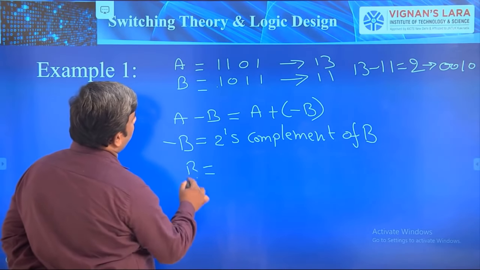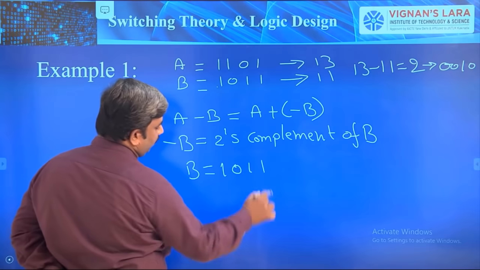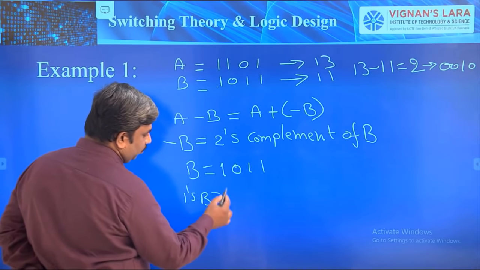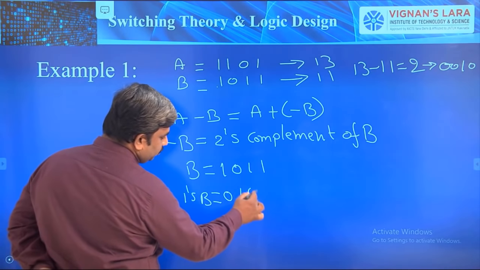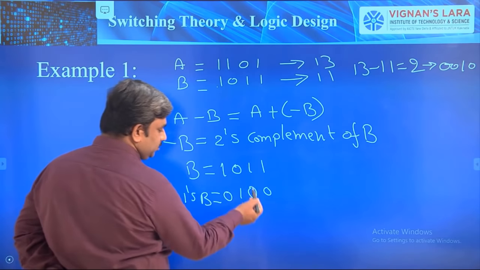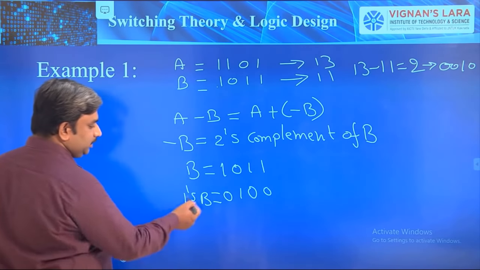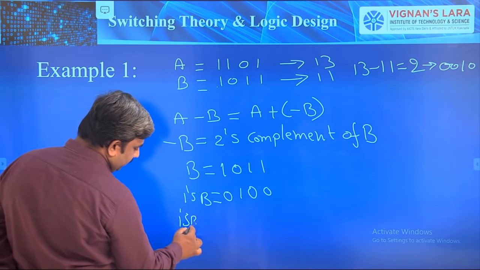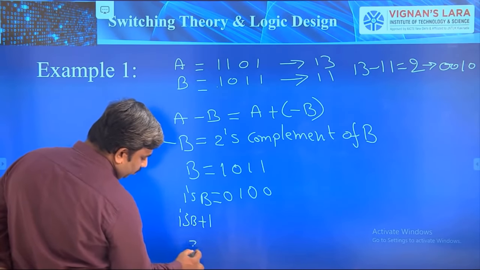B is equal to 1011. The 1's complement of B is equal to 0100. In the place of 1, you put 0, and in the place of 0, you put 1. This is the 1's complement of B. So, the 1's complement of B plus 1 is equal to the 2's complement.